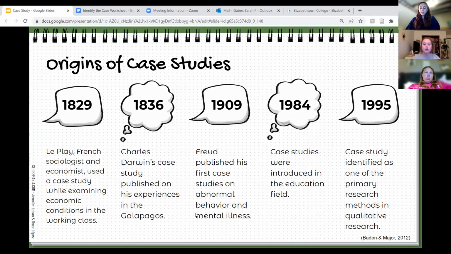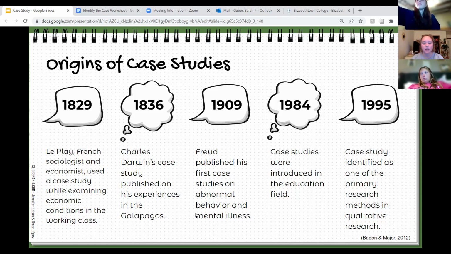So now I'm just going to talk a little bit about the origins of case studies. In 1829, Laplace, a French sociologist and economist, used a case study while examining the economic conditions in the working class. Then in 1836, Charles Darwin's famous case that you probably know was published on his experiences in the Galapagos.